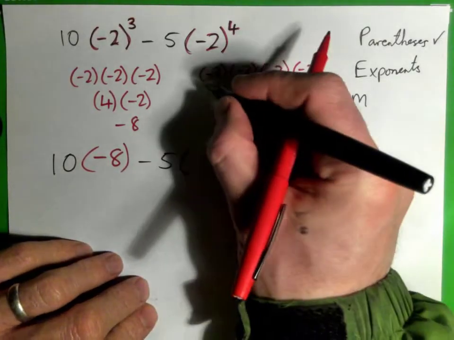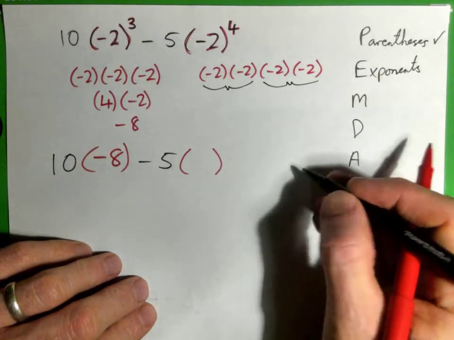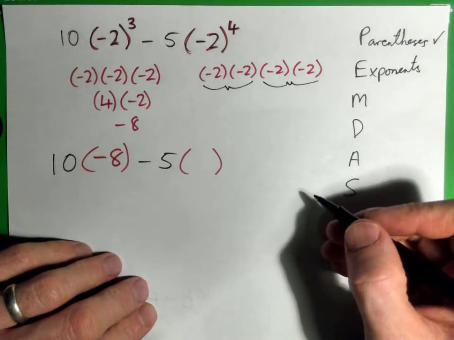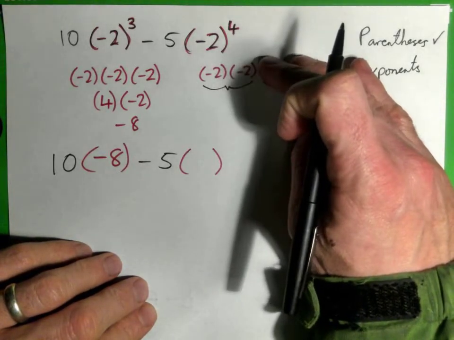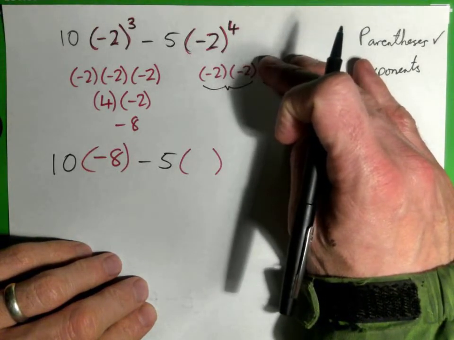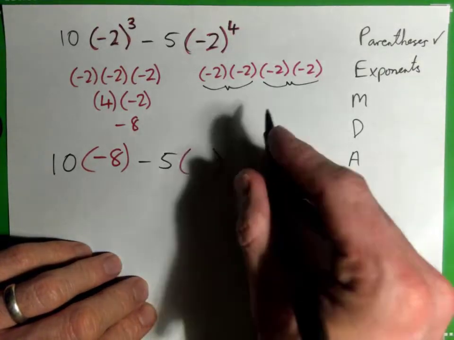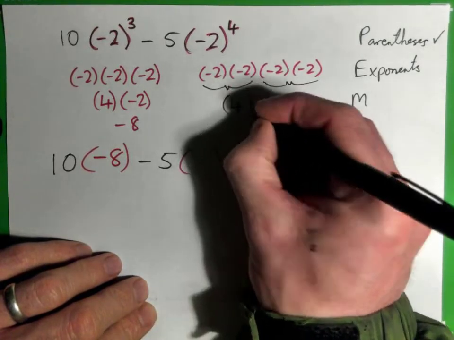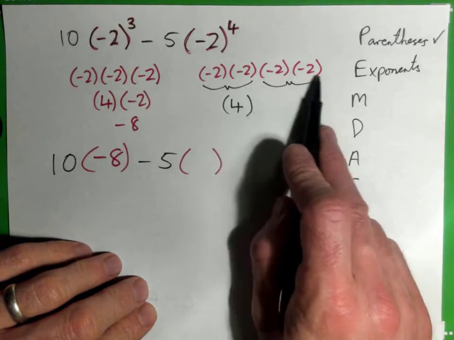So what does that become? I would do these two and then do these two, right? Well, these two multiply to give what? So write down 4. And these two multiply to give what?